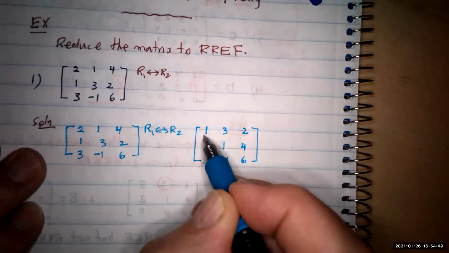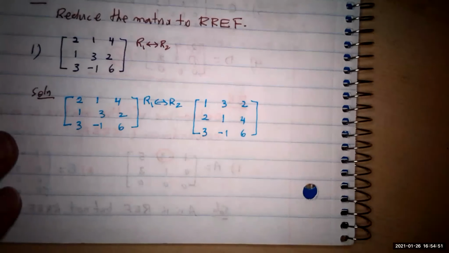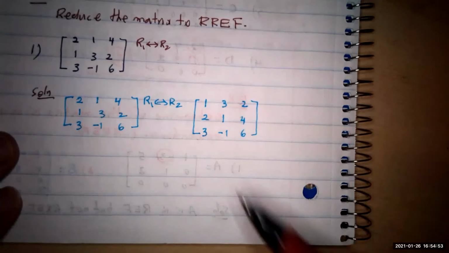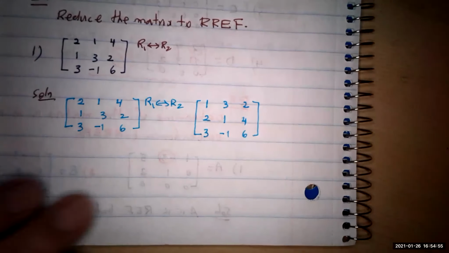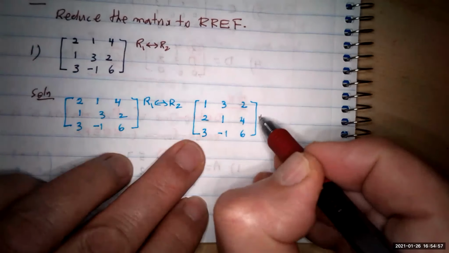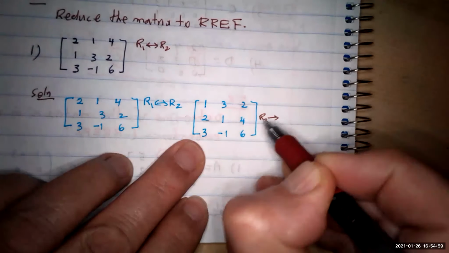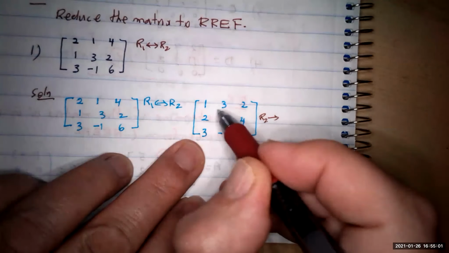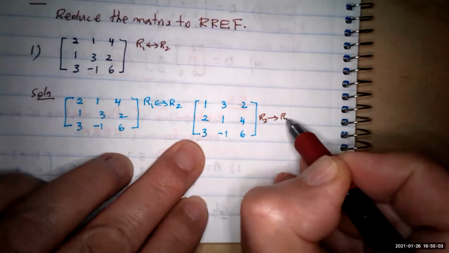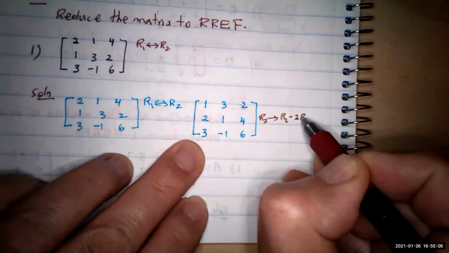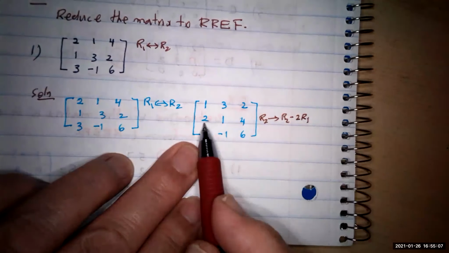You see, I got the 1. So next I have to get rid of the 2 and the 3. This is R2, and I want to replace it, so I'm going to get R2 minus 2R1, because that gives you 0 here.